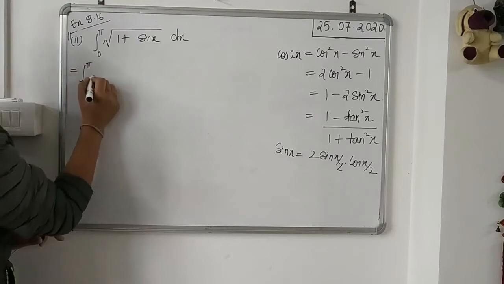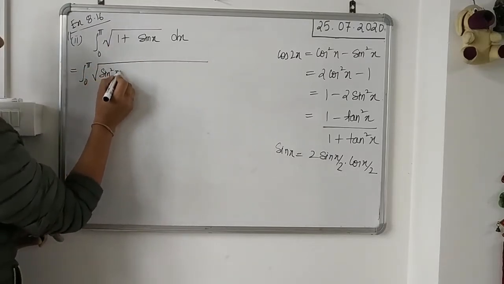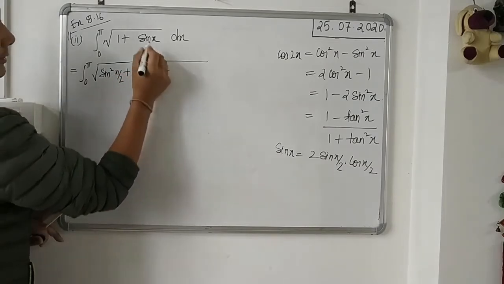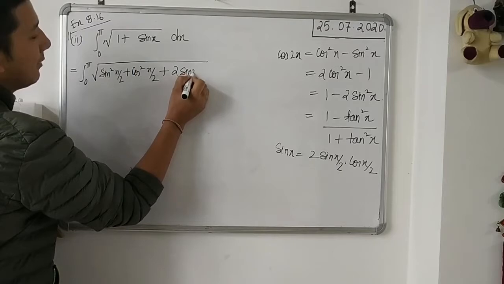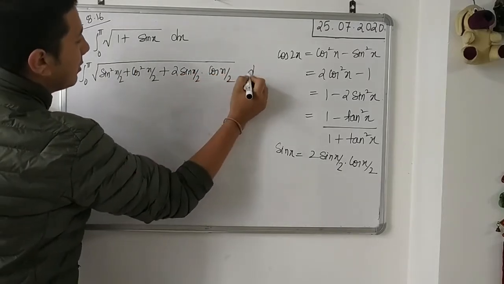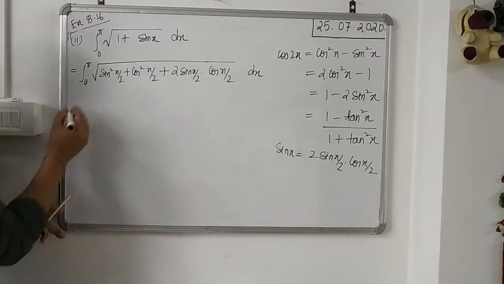0 to pi under root, 1 I will write as sine square x by 2 plus cos square x by 2, plus sine x as 2 sine x by 2 into cos x by 2, into dx. If you look at this properly, it is in the form of a plus b whole square.